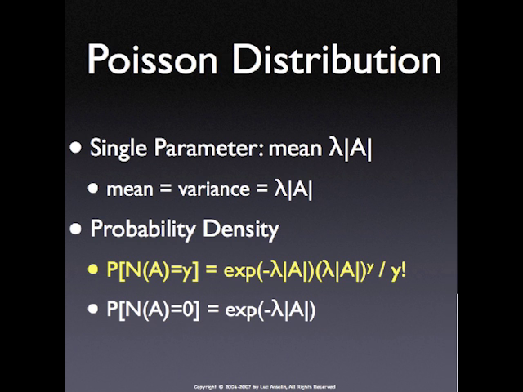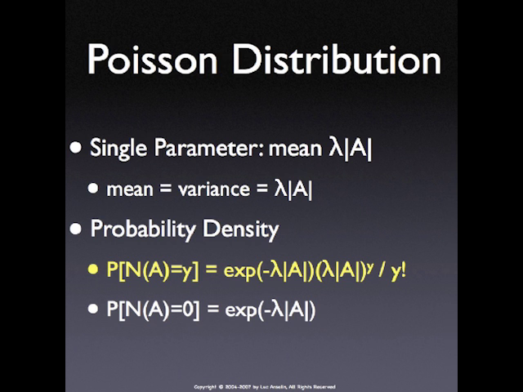So you see y factorial in the denominator, and then in the numerator we see the intensity times the area, this is the mean, powered by the number of events, and pre-multiplied by e to the power minus the mean. So that's really 1 over e to the power of the mean.